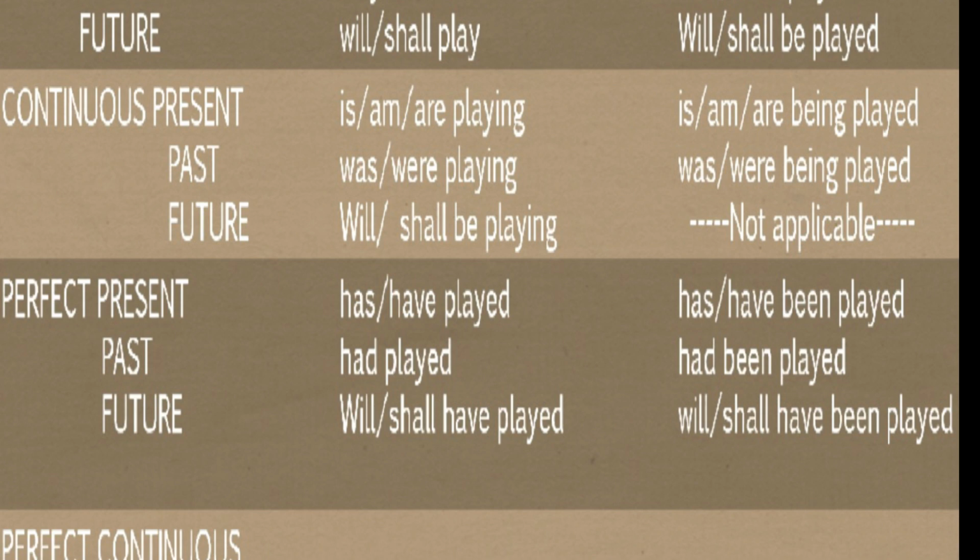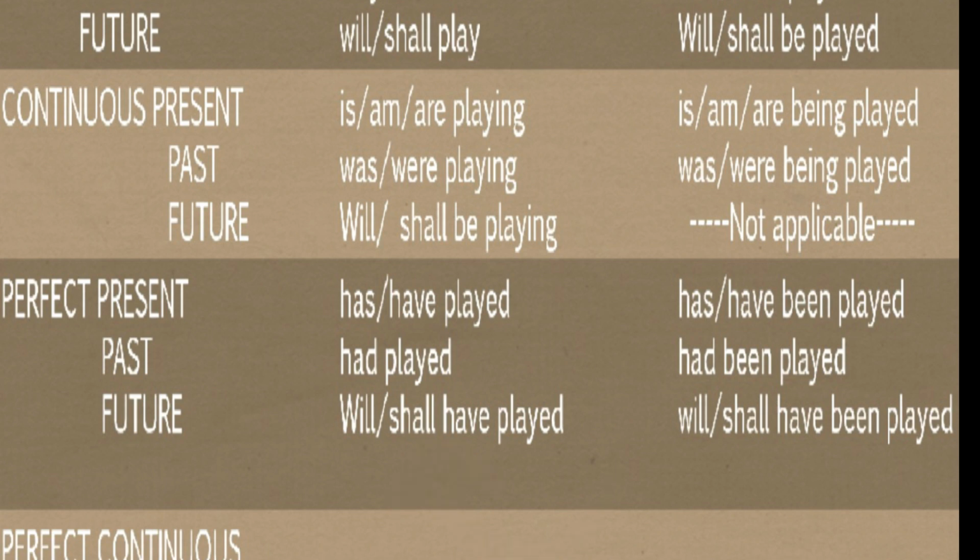The same is the case with the past perfect tense. In the active voice, we have the verb form had played, and in the passive voice, it becomes had been played. Again, the verb form of the be, been, is used here. In the case of the future perfect tense, in the active voice, we have the verb form will or shall have played.